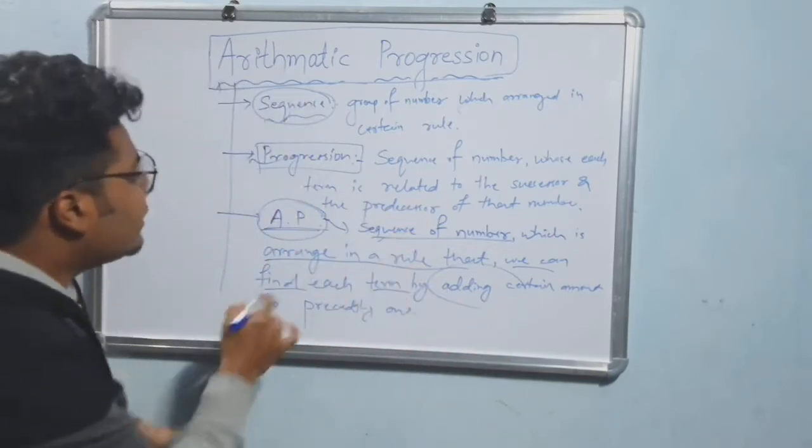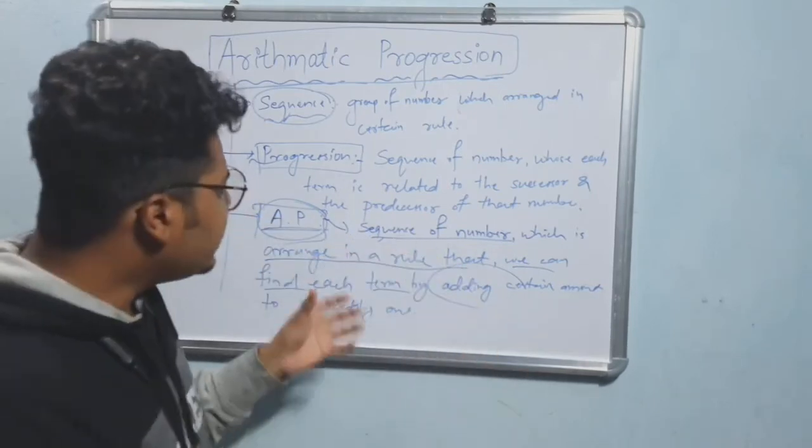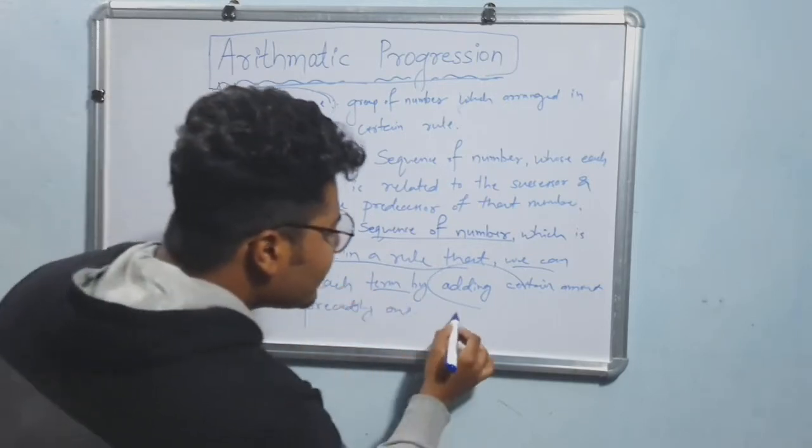Or we can say AP is a sequence of numbers arranged in a rule that the difference between each term is constant.